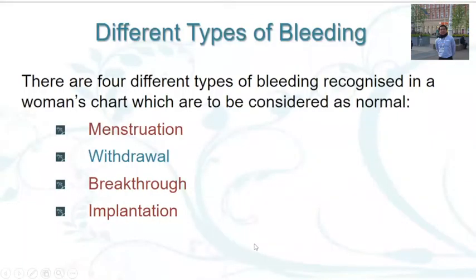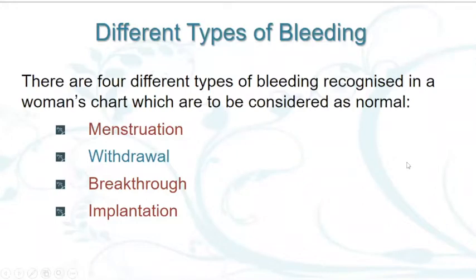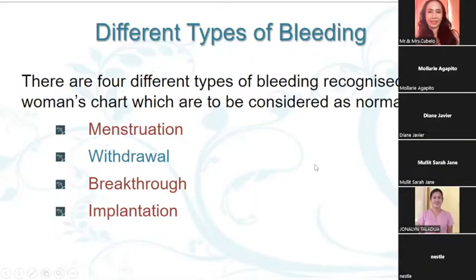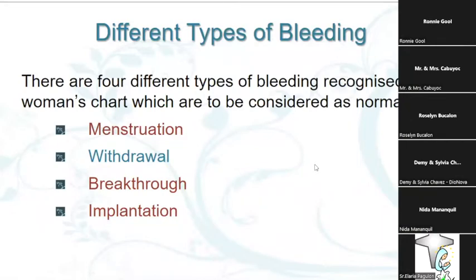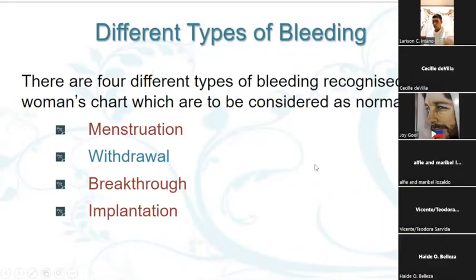Now let's go to a withdrawal bleeding. Before I go to the withdrawal bleeding, I'll just give an introductory concept on this one. Take note that withdrawal bleeding is a normal bleeding for those women who are approaching menopause, and for those girls between 13 to 18 years old.